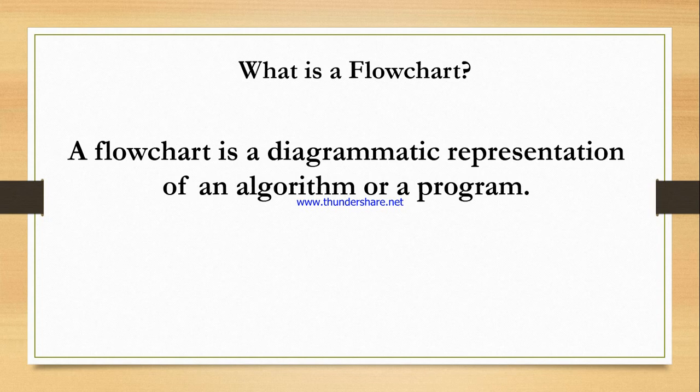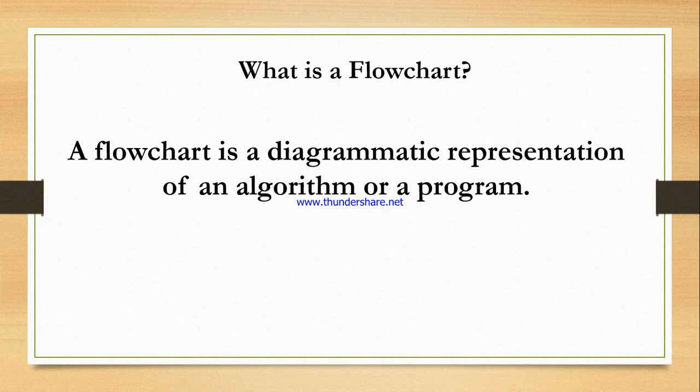The algorithm is a step-by-step written form, whereas a flowchart is the diagrammatic representation of the algorithm. Whatever algorithm you have written, that same algorithm is designed using some diagrams, some symbols that you have to use, and you have to make the flow chart.